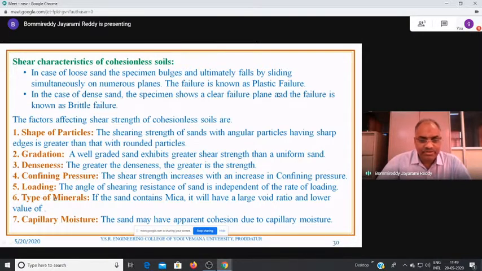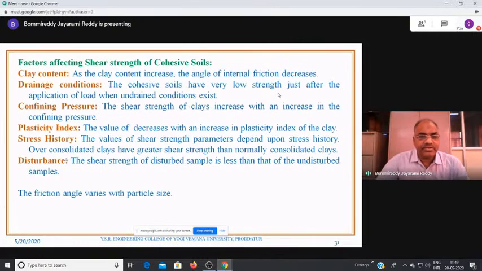And type of minerals present, because void ratio depends completely on the type of minerals present in it. Then capillarity, moisture, how much water it is going to absorb, etc.